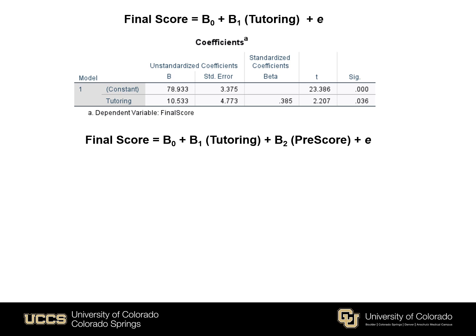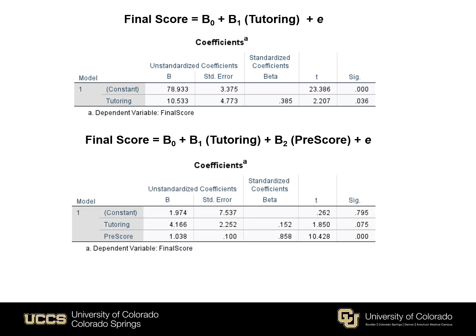And then when we added pre-score to the regression model, we got these results that I showed you on the previous slide. And we can directly compare what happens once pre-score is added to the model in terms of possibly new interpretations of the effect of tutoring.